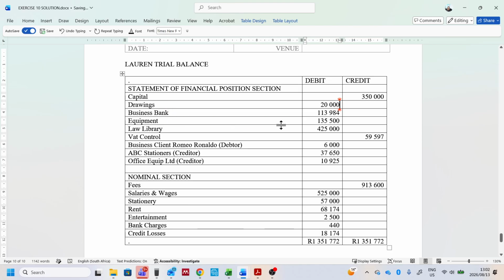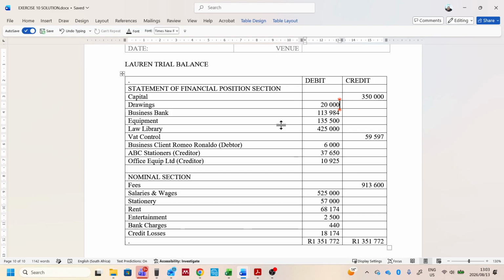So this is how it's going to look. Your drawings is debited, so the balance of the drawings will be sitting here, and your capital will be sitting at 350. When we prepare the statement of financial position, we're going to say 350 minus 20,000 under equity to show that balance of 330. So all your assets balances are here.